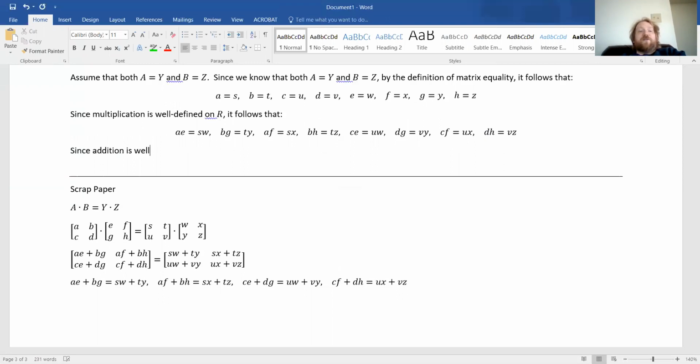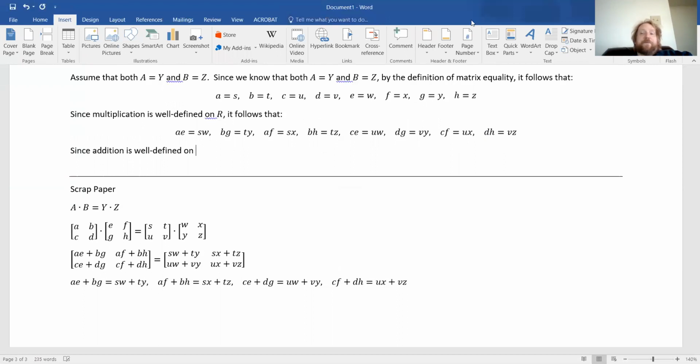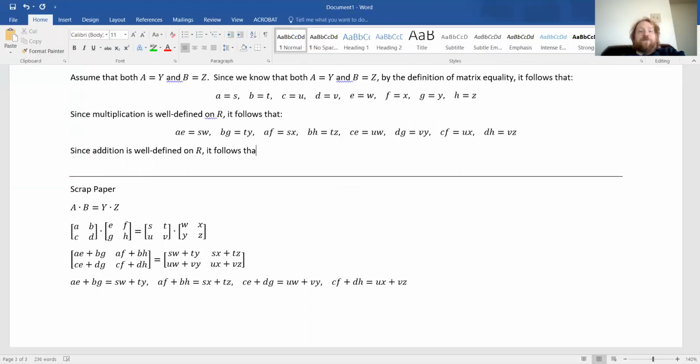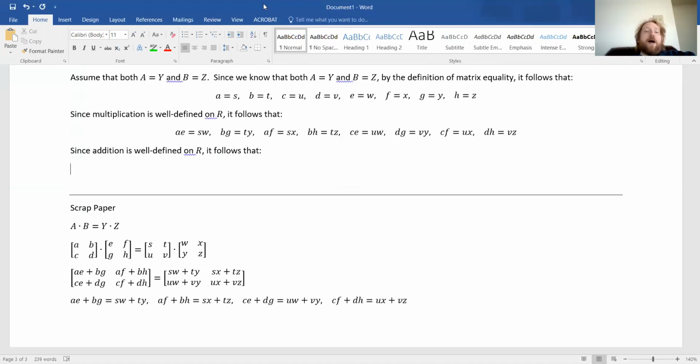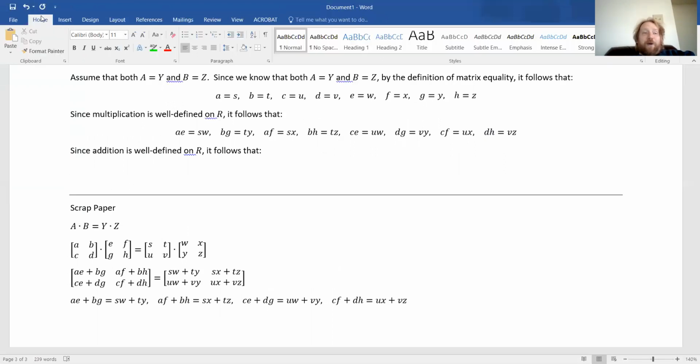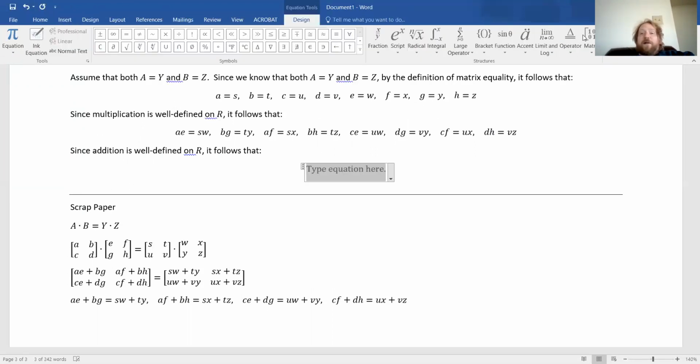Since addition is well defined on R, it follows that. And now let's add the first and the second pair, the third and the fourth pair, the fifth and the sixth pair, the seventh and the eighth pair. Addition is well defined, remember, means that we can add equals to equals and still get equals.